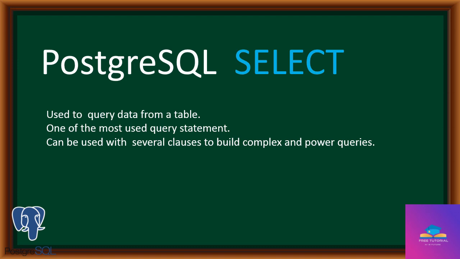There are several ways you can build a select statement, but let's have a look at the basic syntax you can use. A syntax basically refers to how something is written. So for a very basic select statement, you can specify the column.